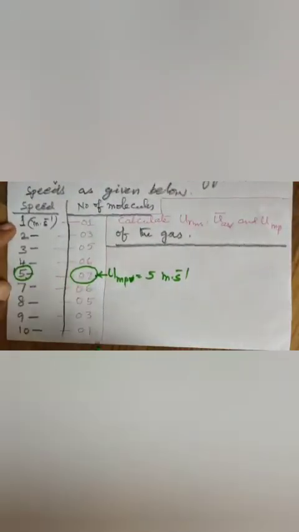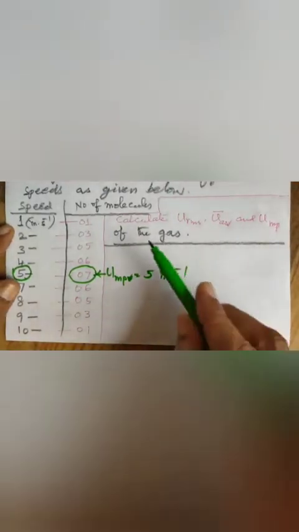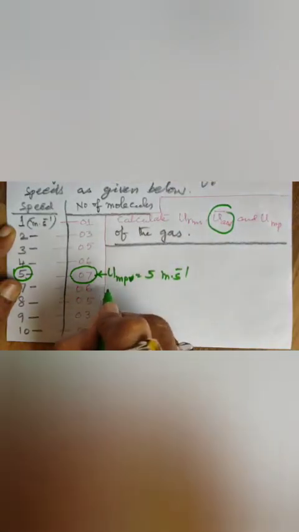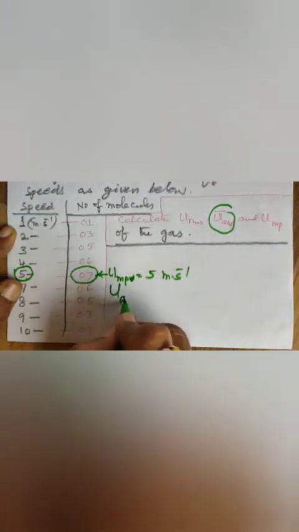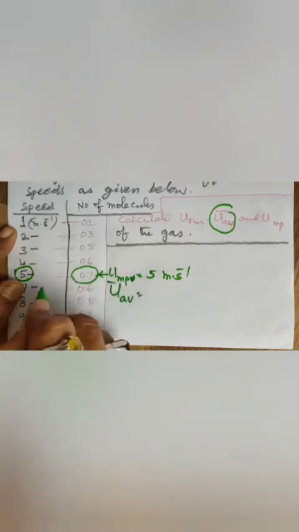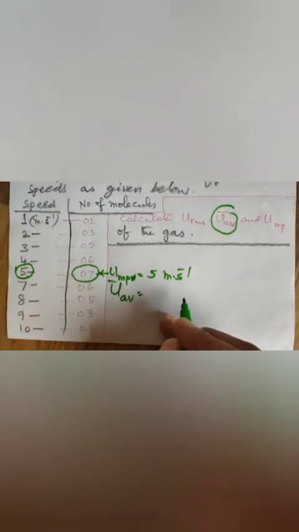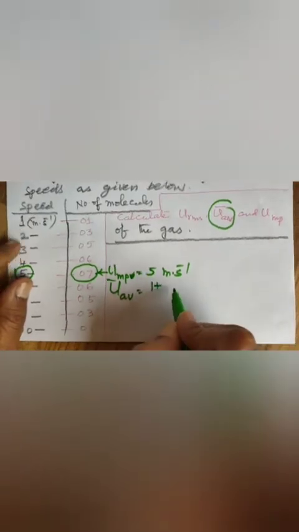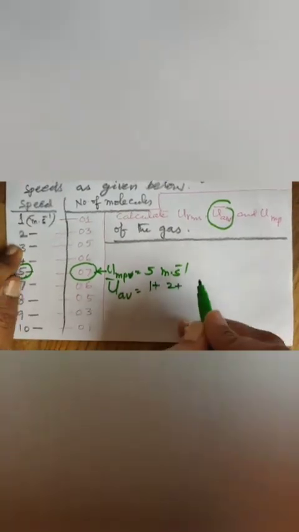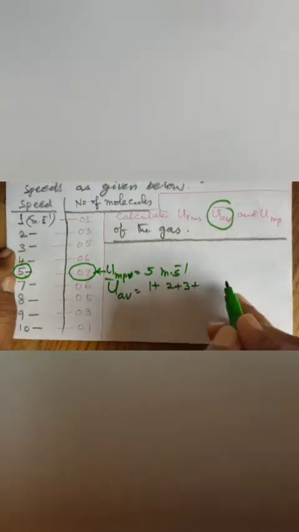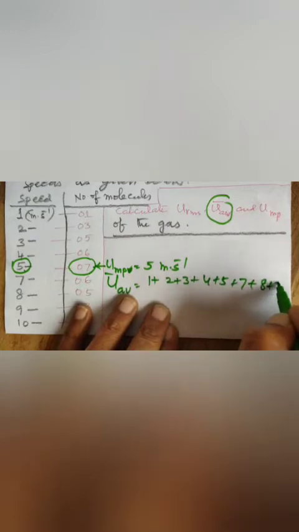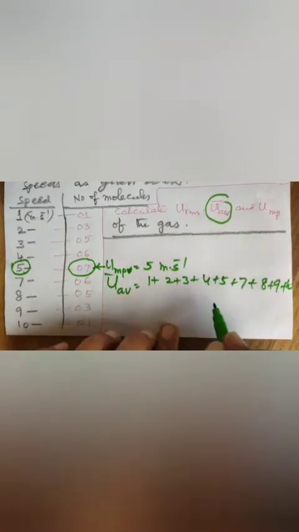So by following this data, how do we calculate average velocity? Yes, come to average velocity. Very easy to calculate. Average velocity is equal to the sum of the velocities, 1 plus 2 plus 3 plus 4, 5, 7, 8, 9, 10, divided by the total number of molecules.